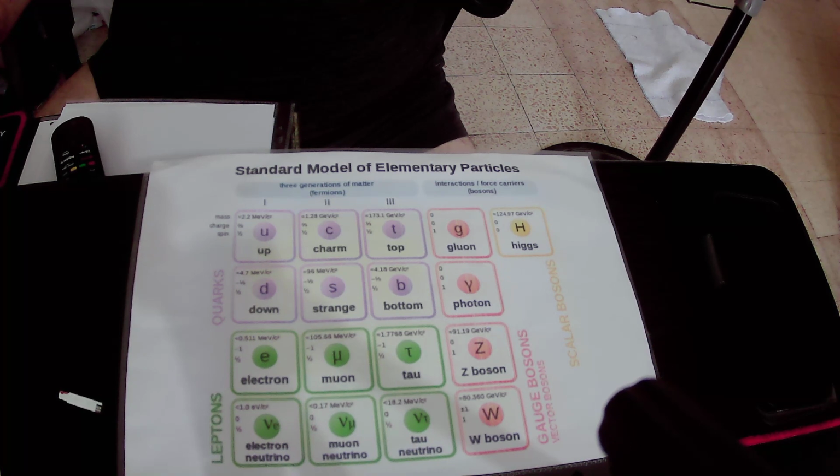A lepton, what is a lepton? Leptons are a group of elementary particles with half integer spin.